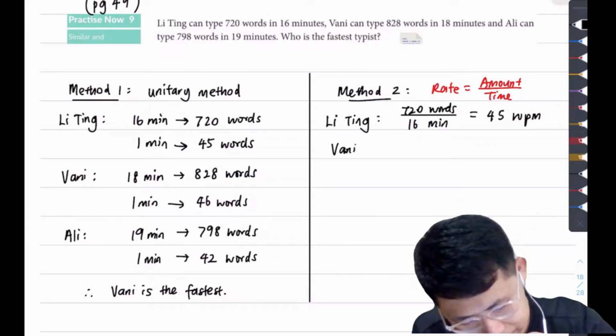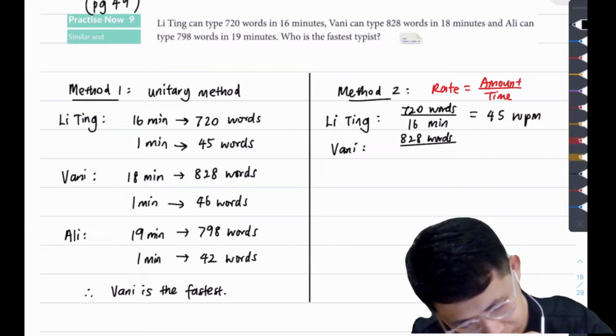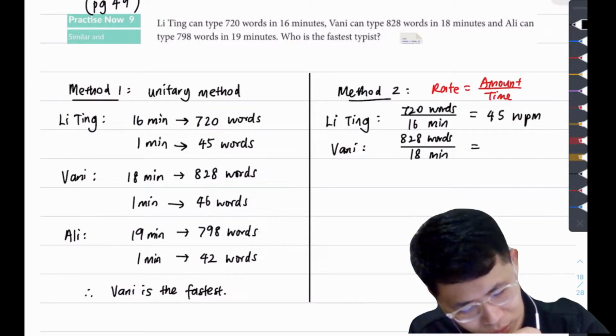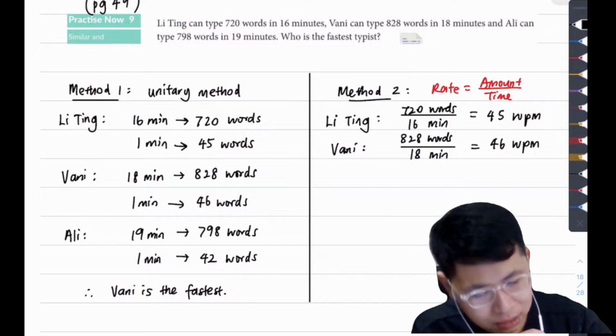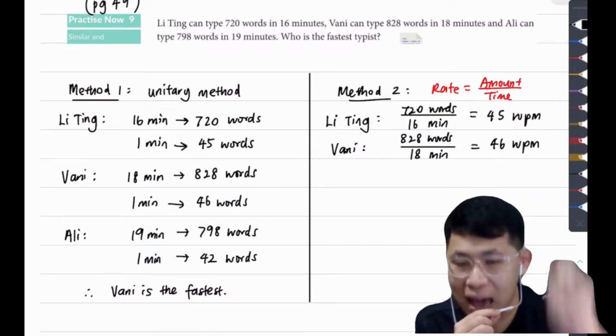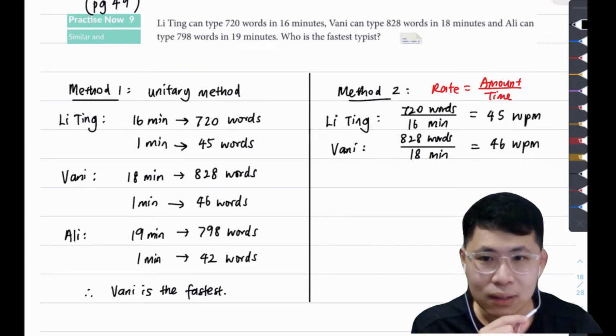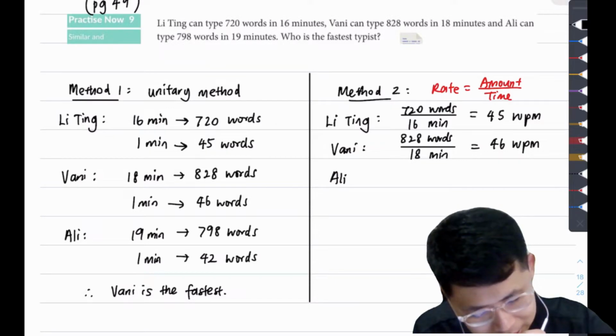For Vani, we have 828 words, and over here we have 18 minutes. So here we are going to have 46 words per minute. How 46 words every minute? Because we're dividing by 18 anyway. Last but not least, we have Ali.